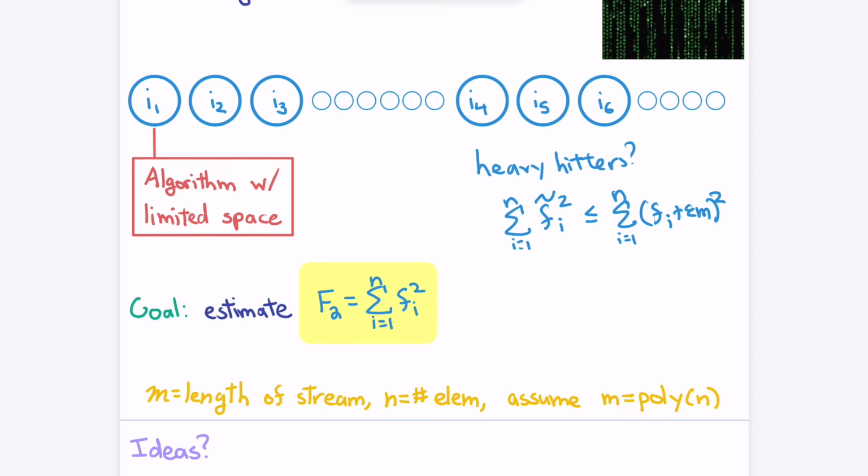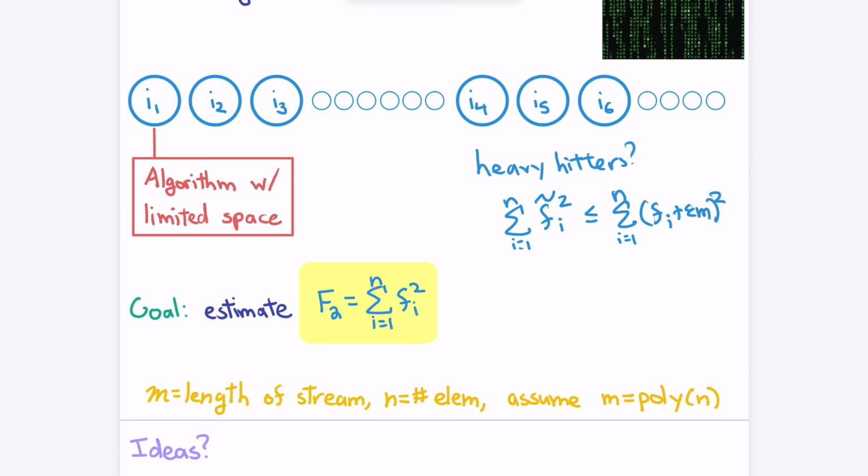You're trying to sample every pair of equal elements. Can you sample every pair of equal elements with some probability? So these are indices in a stream.